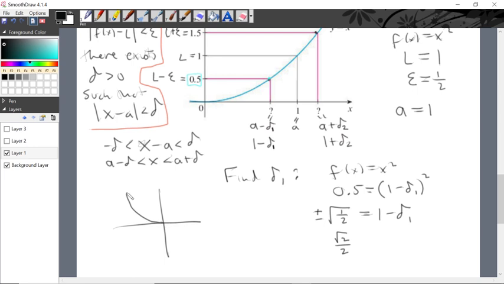If we were looking over on the left side, when the input was -1, and there the output was 1, and if this was 1.5 and 0.5, if this were the limit we were investigating, the limit as x approaches -1, then we would choose negative root 2 over 2 in order to locate one of our delta values, because that negative root 2 over 2 would have been closer to the value of a.